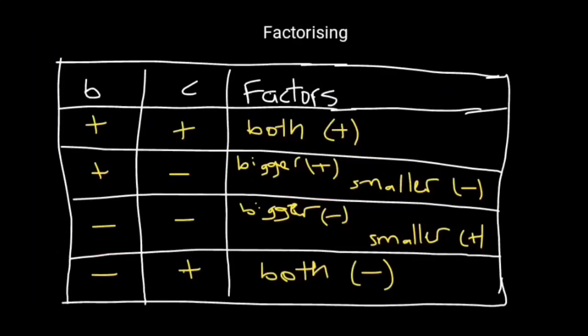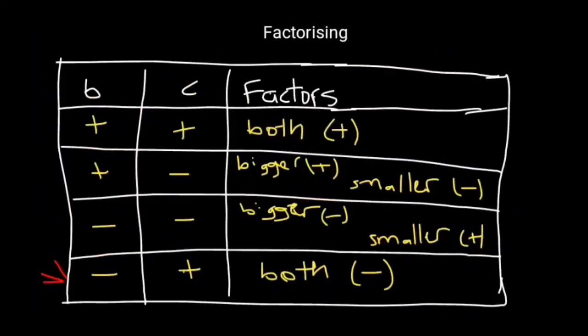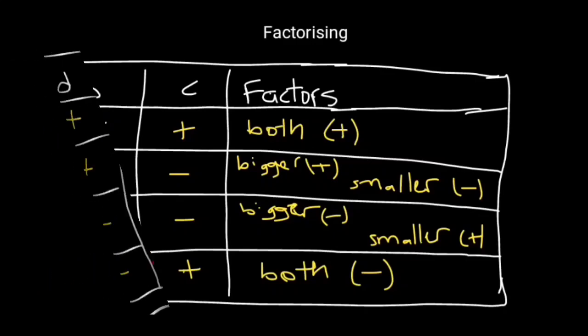That is our last row. And our answer, we had 2 negatives. Our 2 factors were both negative. So let's see what our table says. That both of our factors would have to be negative. So you see, we can use the table in order to know if our values need to be both negative.